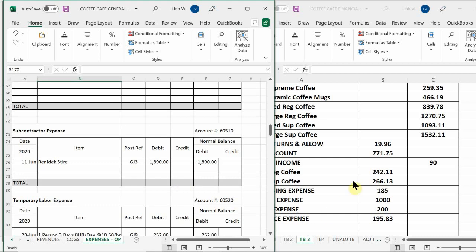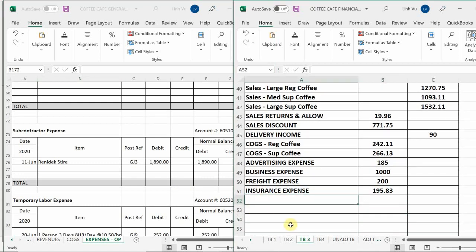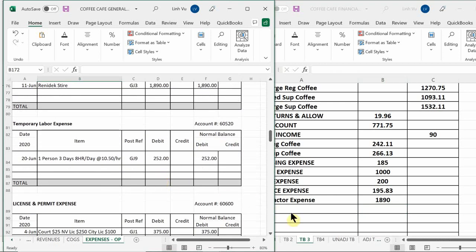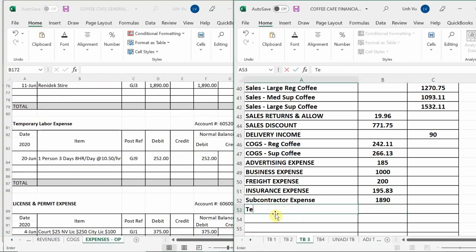So our first one is subcontractor expense. $1,890. Okay, right. We had some temporary labor expense. $252.